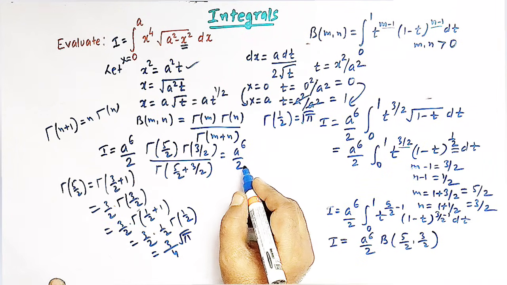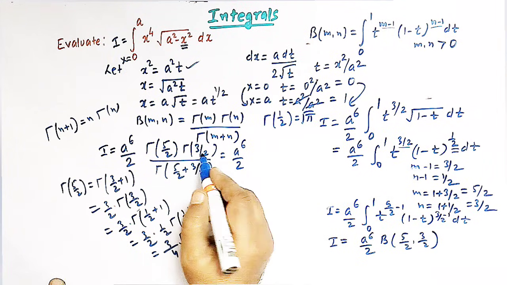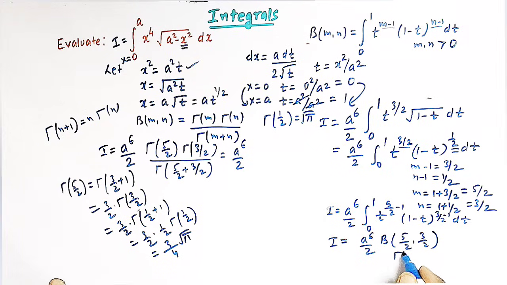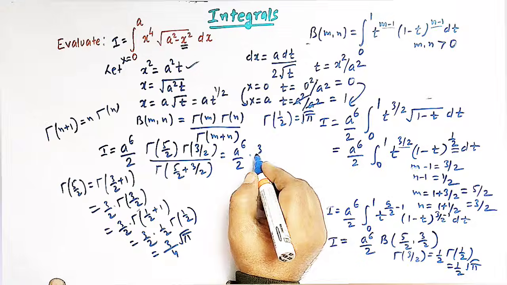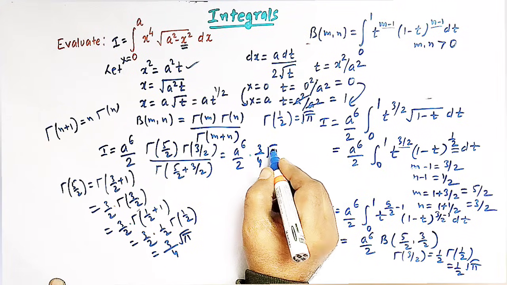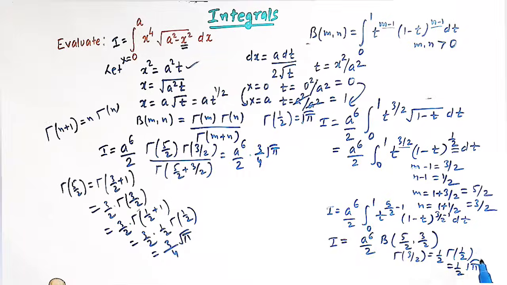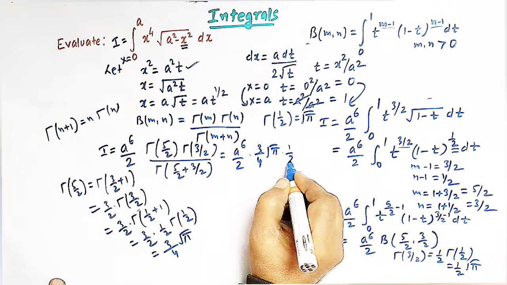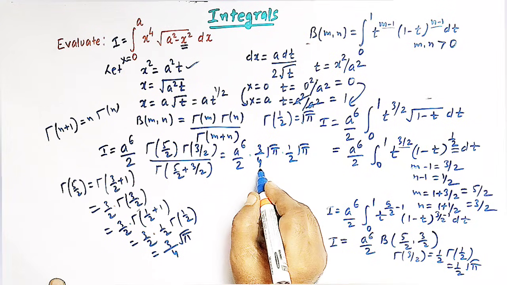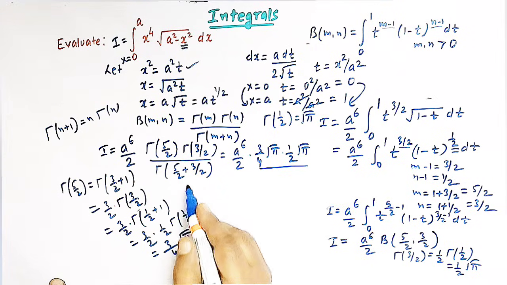Okay. So now gamma 3 over 2 is equal to half times gamma half, that is half times square root of pi. So here we can now write 3 by 4 square root of pi for gamma 5 over 2, and for gamma 3 over 2 we can write half root pi, and in the denominator we have 5 by 2 plus 3 by 2.